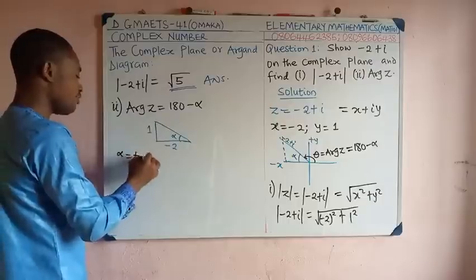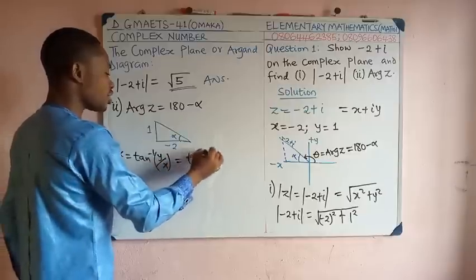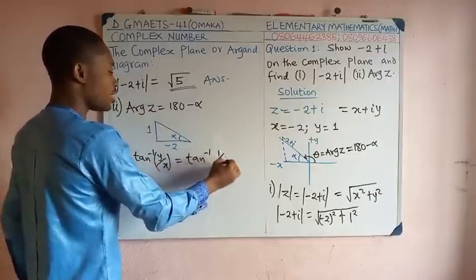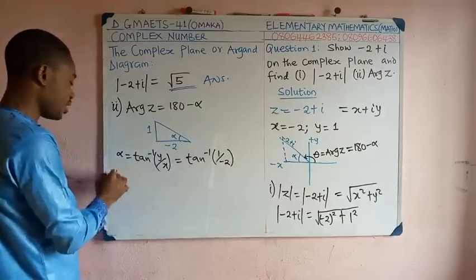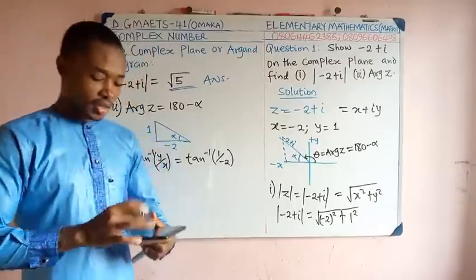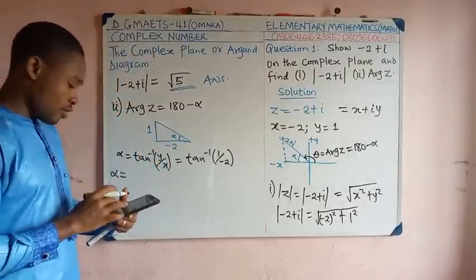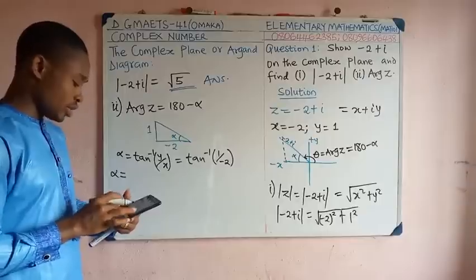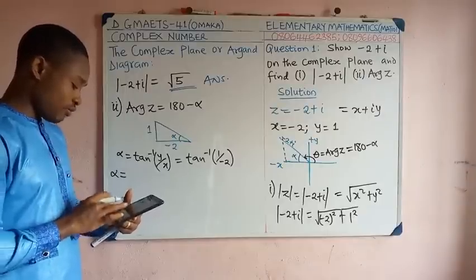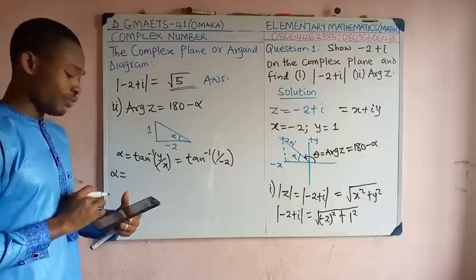Alpha is simply tan inverse of y over x, which is equal to tan inverse of 1 over minus 2. The negative sign is of no use to us. Is that okay? It is the whole value that we want to get. If you obtain tan inverse of 1 over minus 2, let's see what we're going to get. Tan inverse of 1 over minus 2 is given as minus 26.56.